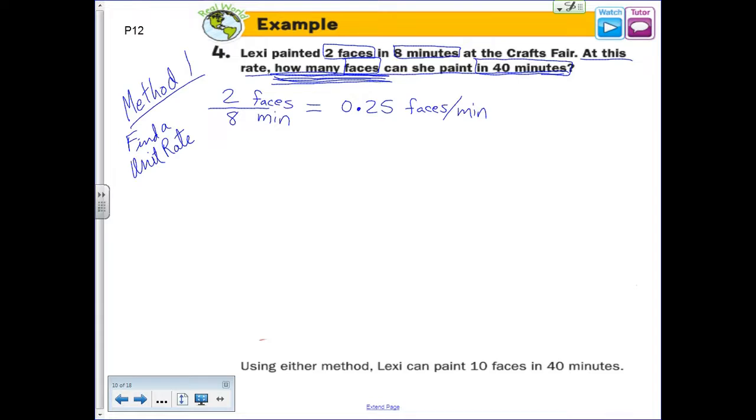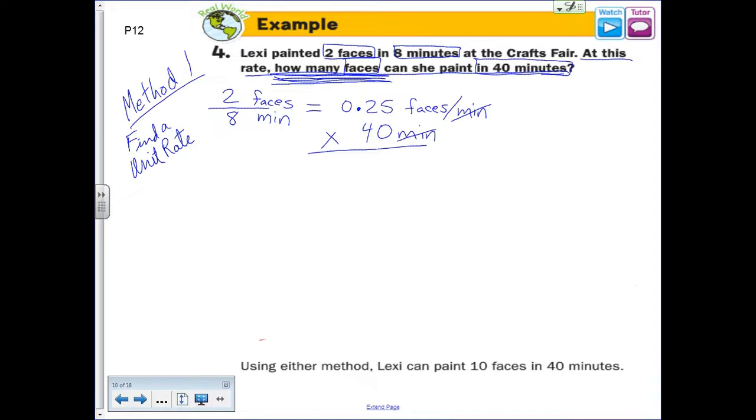So I'm going to have to multiply that times 40 minutes so that I'm getting rid of the minutes and I'm going to be left with the faces. So still using my handy dandy calculator, I can take 0.25 and multiply it times 40.